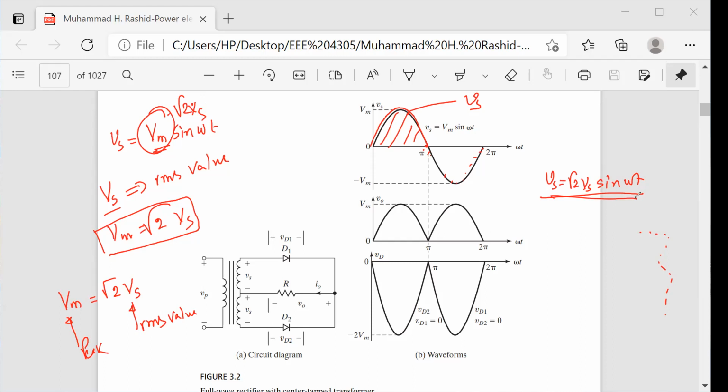Okay. Now, when this voltage is positive in your input, look here. When the primary side is positive, that means on the primary side you are getting a positive voltage. Also from here to here it will be positive, here to here it will be positive, right? So this negative voltage, what will happen to this diode? It will be forward bias or reverse bias, for the positive of your input?